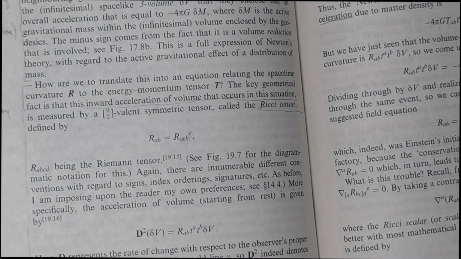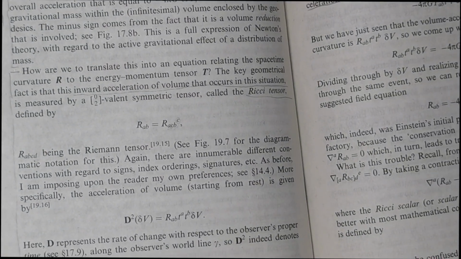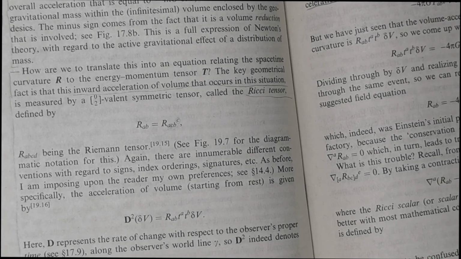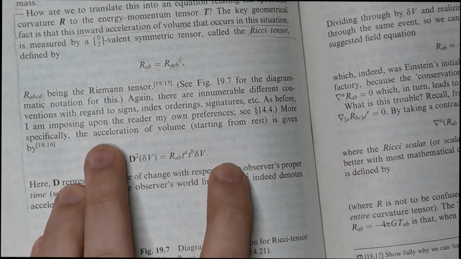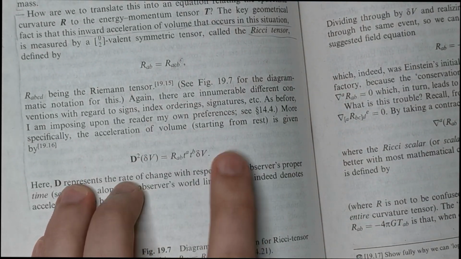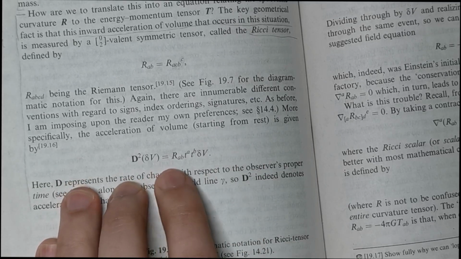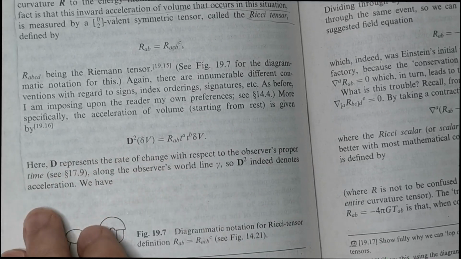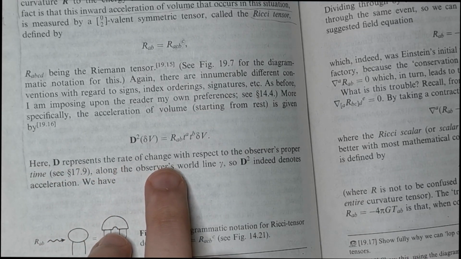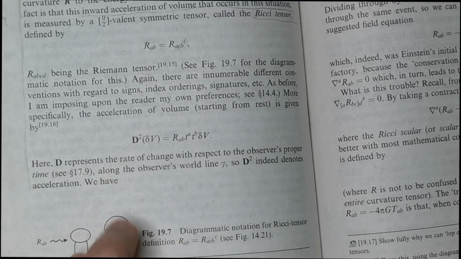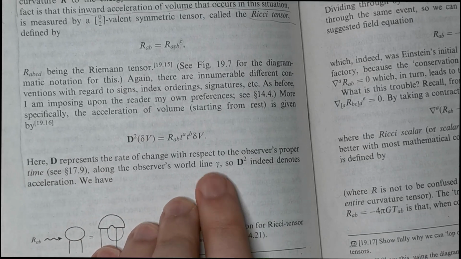And in that case, we can prove that the acceleration of volume starting from rest is given by that formula. And d capital here represents the rate of change with respect to the observer's proper time, so basically it's a second derivative.